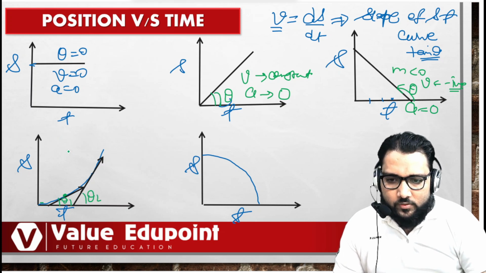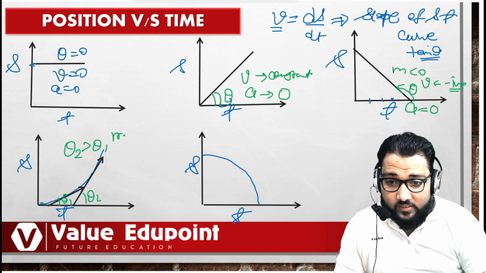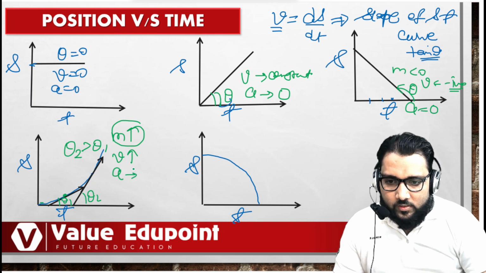So theta 2 is greater than theta 1. The slope is increasing, we represent slope through m. Slope increasing is why velocity will be increasing. So acceleration will be constant, acceleration will occur.